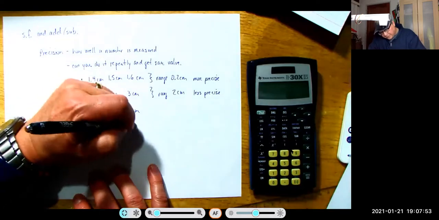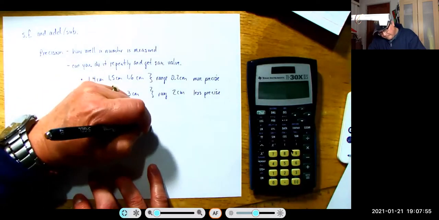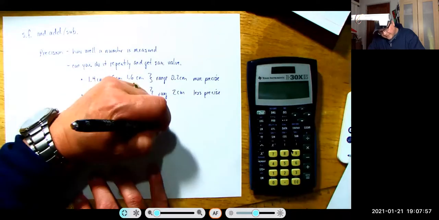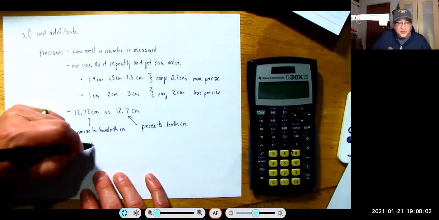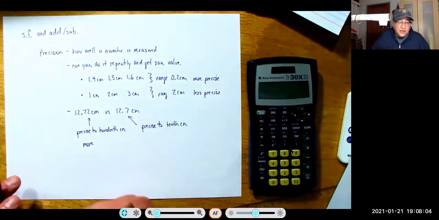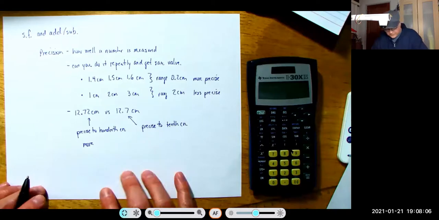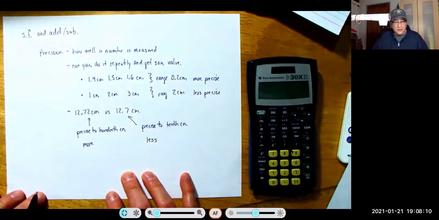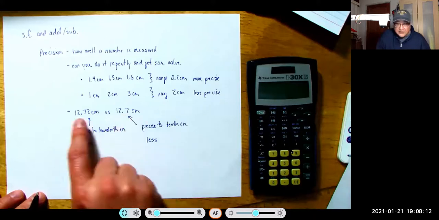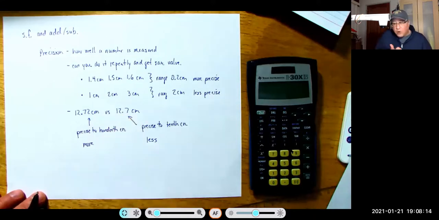And this one is precise to the 10th of a centimeter. This one's more precise because we know more about the number to the right. And this is less precise. So do you understand precision based on these two? The more you know to the right, the better you are.